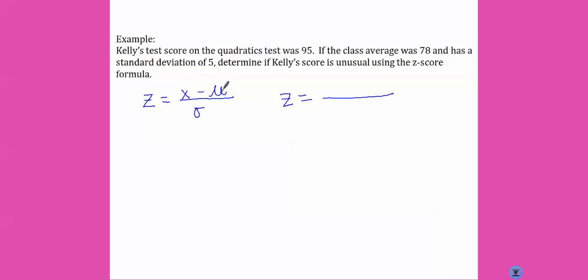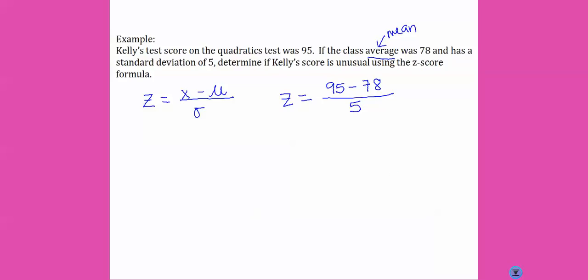So mu, the mean. Mean and average mean the same thing. So my mu is 78. Standard deviation is 5. And my x is going to be whatever they told us about the person or the object in the problem, which was Kelly got a 95.